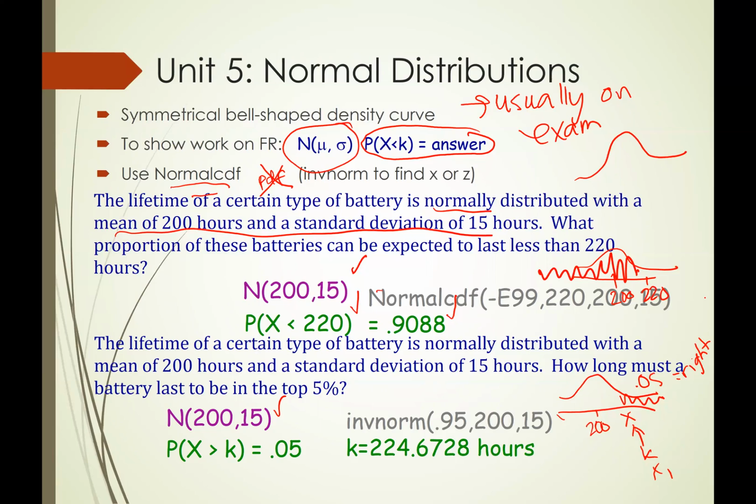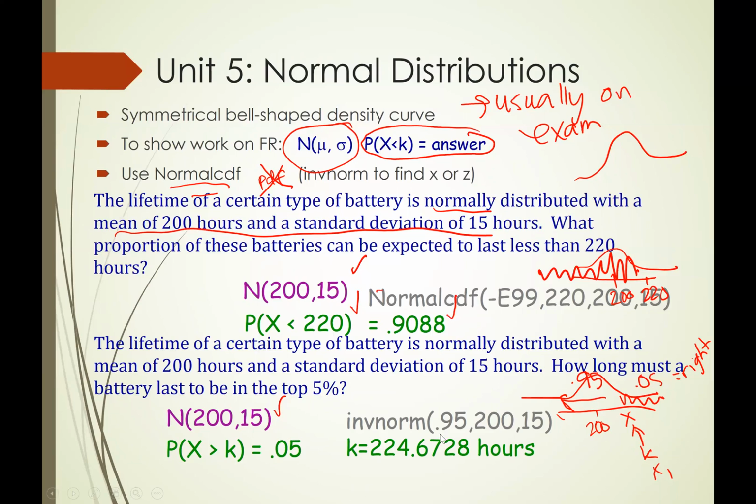When you do inverse norm, if you have a fancy new calculator, you can tell it you want the area to the right. If you have an old calculator, you have to do the area to the left. And the area to the left here is 0.95. So if you do the area to the left, which you have to do if you have an older calculator, you type in 0.95. If you have a new calculator, you can either type in 0.95 and do to the left, or you can type in 0.05 and do to the right.